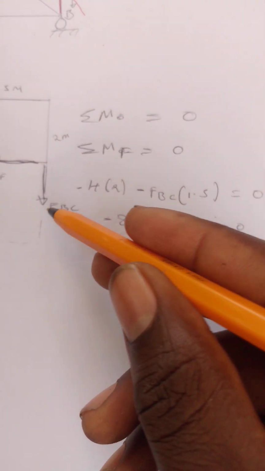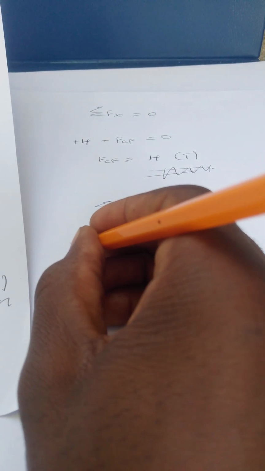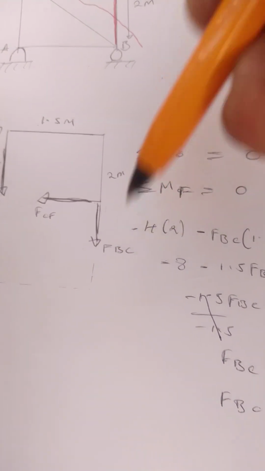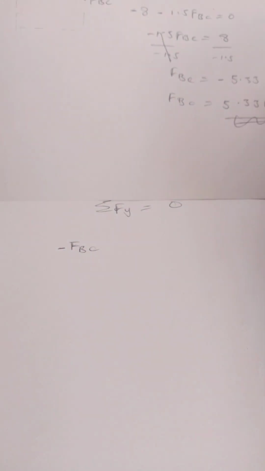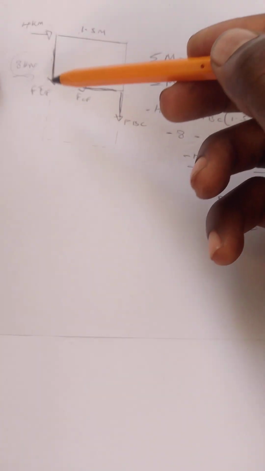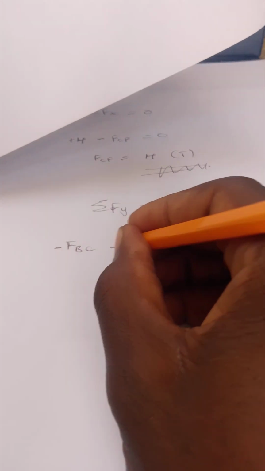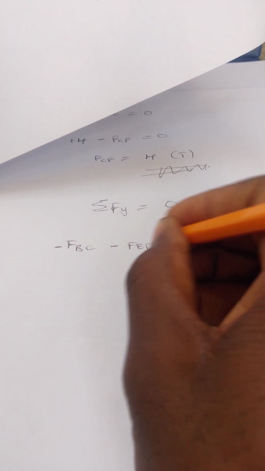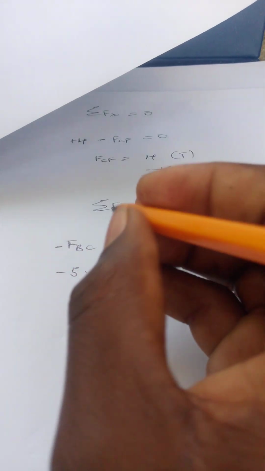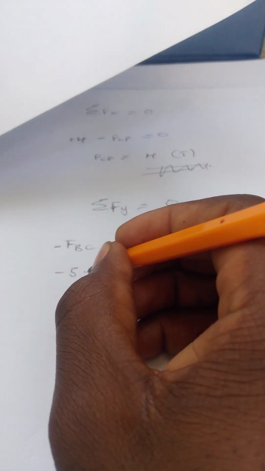So summation of the forces in the y. We are going to have force BC, which is pointing in the negative y-axis, so it will be negative. Then we also have force EF, which is pointing also in the negative y-axis, so it will be negative force EF, then equals 0. From here, we found our BC as 5.33.